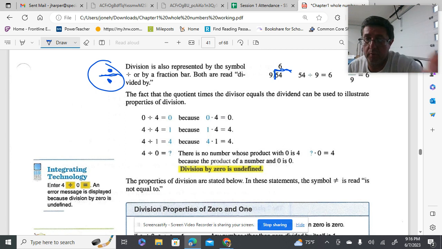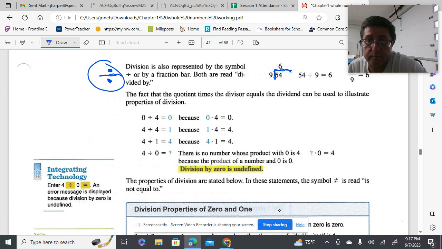I don't remember what the TI-83 has, but when we're using Papa Math, you actually have to hit the slash mark for divide.